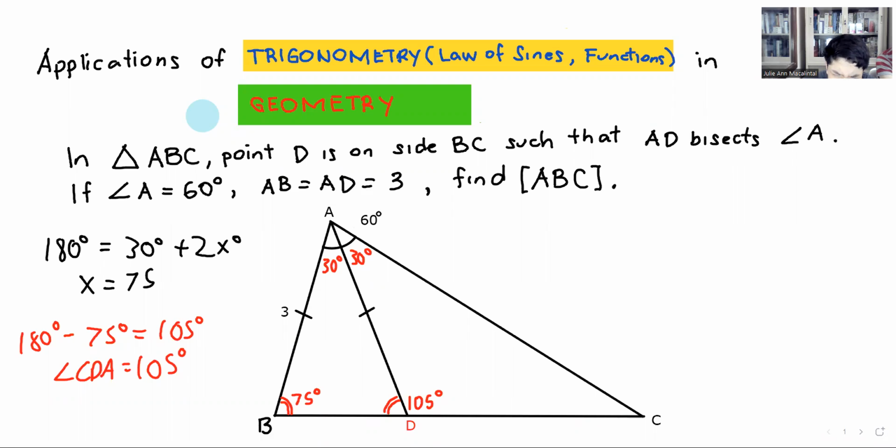And then for CAD, 180 degrees is still the sum of the interior angles of a triangle. I'll just put it on the right side.